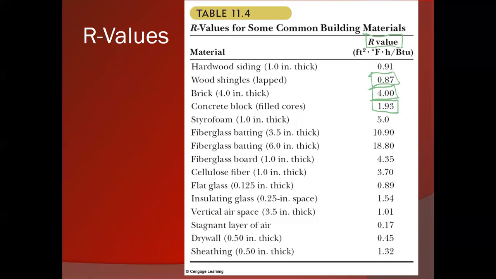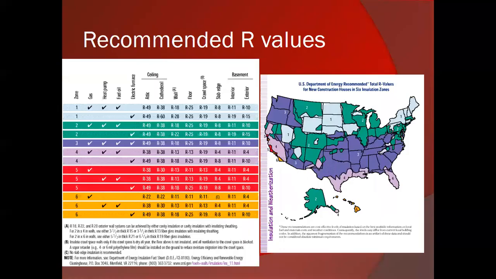But better R values can be obtained by using such materials as styrofoam and fiberglass. And the thicker the insulation, the better the R value, which means you're not losing energy as much, and your heating and cooling bills are not as high.